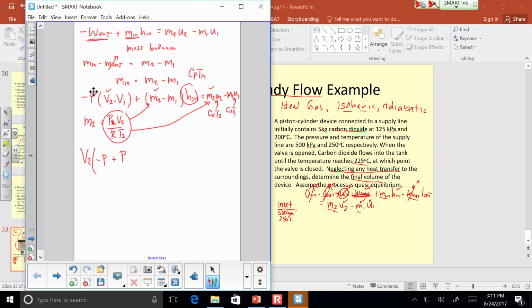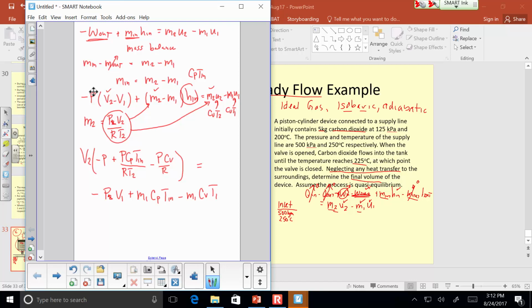Okay, so we're going to collect terms, T in over RT2 minus P C sub V over R, that's all multiplied by V2, is equal to negative P2V1, that's just regular P, plus M1 C sub P T in minus M1 C sub V T1.